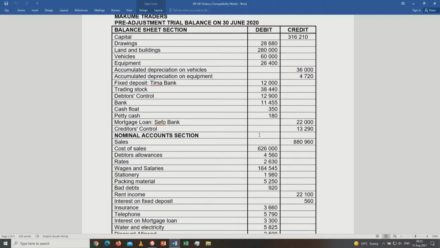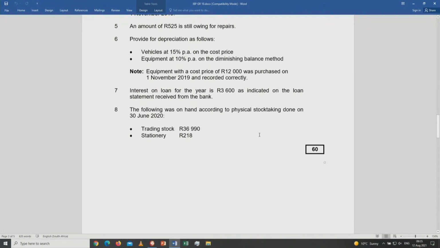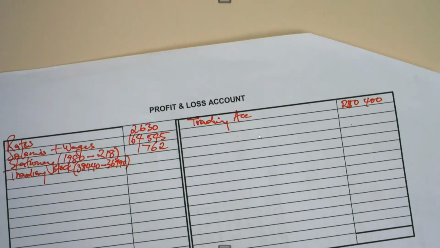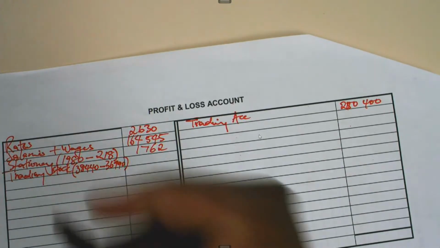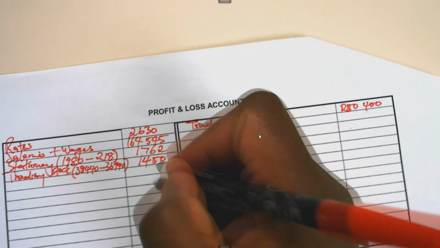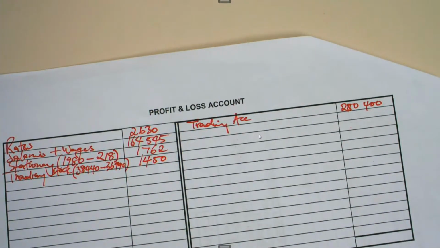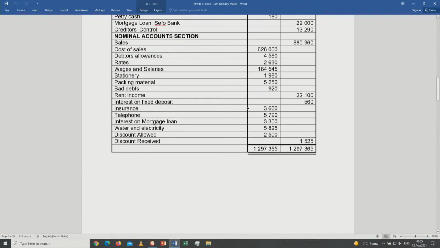And then we subtract 36,990. You'll get 38,440 minus 36,990. You'll get trading stock deficit to the value of 1,450.